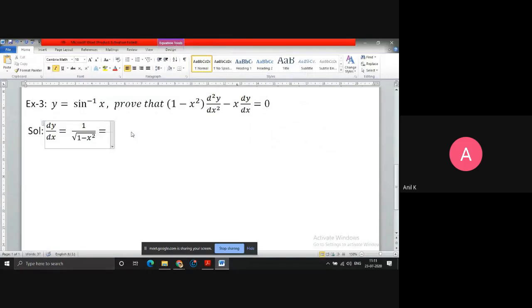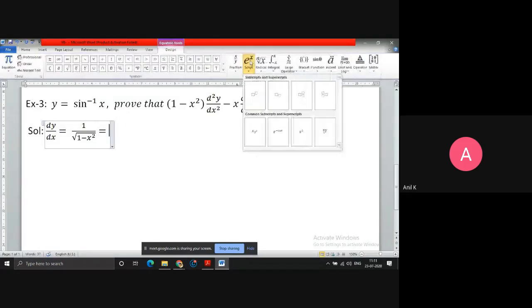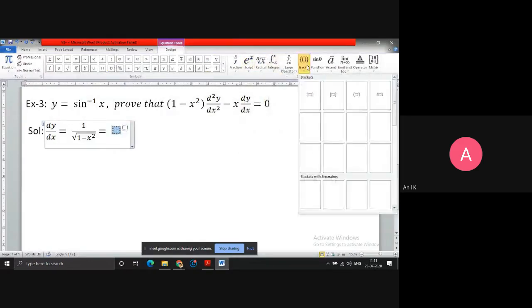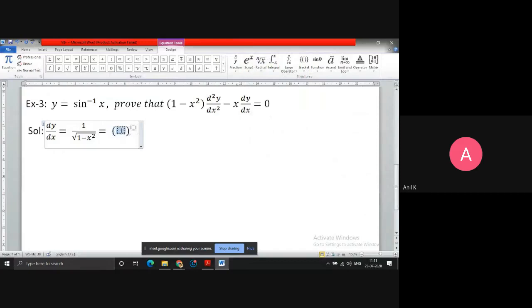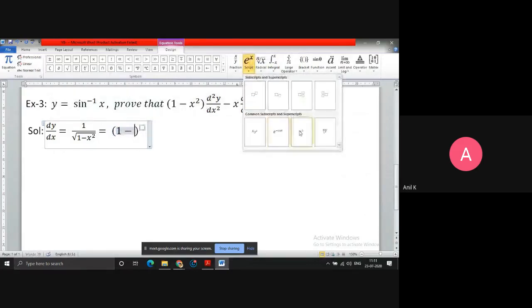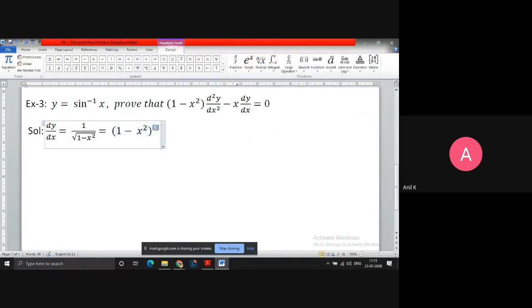So what I do is rewrite the term in exponent form. I'll bring it to the numerator. So can we write this as 1 minus x square whole to the power minus 1 upon 2? Because the under root I can write as 1 by 2, and this denominator term I am bringing to the numerator, so that will become minus 1 by 2.